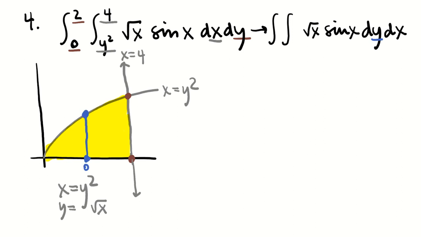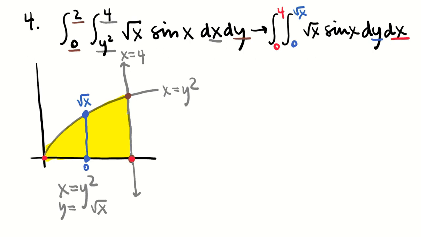Okay, down here I've got y equals 0, and over here I've got y equals the square root of x. Interesting. Not sure how that's going to go, but I've got faith. X is running from 0 up to 4. Oh, yeah, okay. It's going to be interesting.